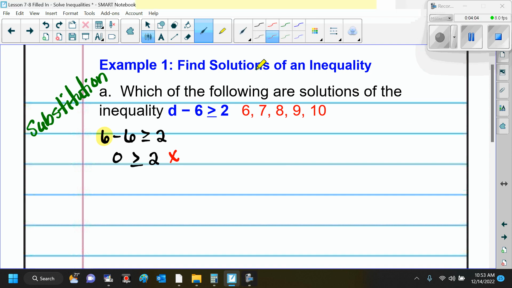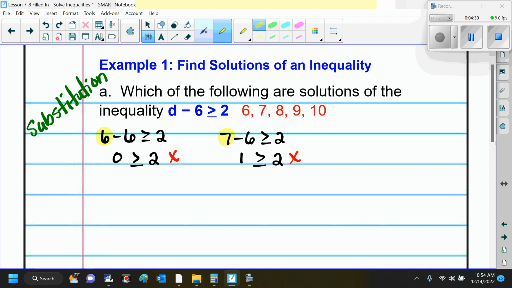So now, let's try 7. So we've got 7 minus 6 is greater than or equal to 2. 7 minus 6, of course, is 1. So 1 is greater than or equal to 2. True or false? False. So that means that 7 is not a solution. Is everybody following the pattern here?